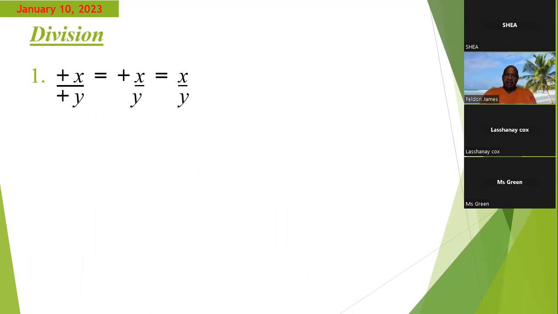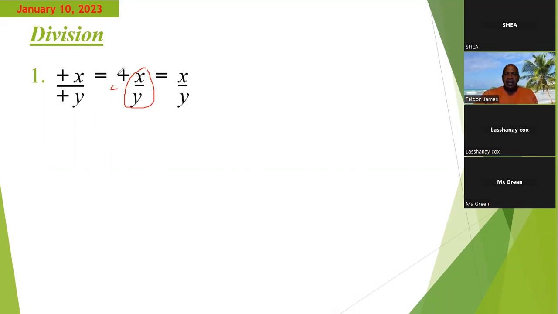For division, remember the rules for positive and negative when you're dividing would be the same rules for positive and negative when you're multiplying. So if you're dividing a positive by a positive, so this is positive x divided by positive y, the overall fraction becomes a positive x over y.